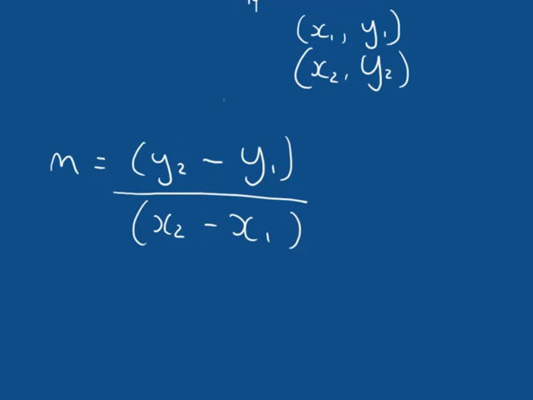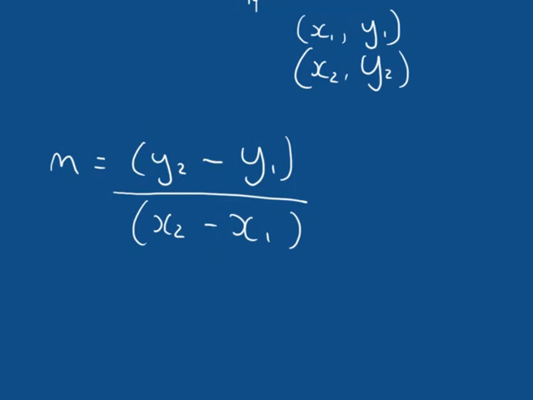We mustn't switch these numbers over because we must take one of our points and subtract the other point from it. But we can see now, given any 2 points, we can calculate the gradient very easily. So that gives us the generic formula for calculating the gradient of a line given 2 points. But how do we calculate our intercept, our c value?